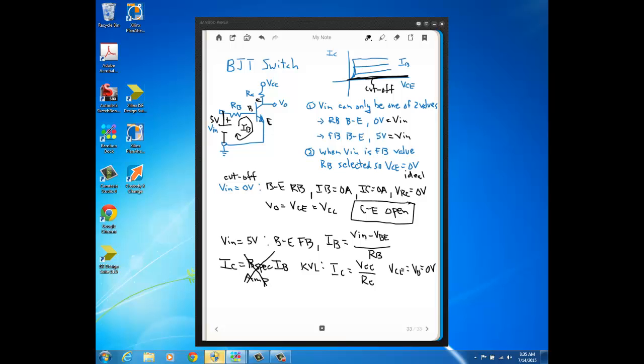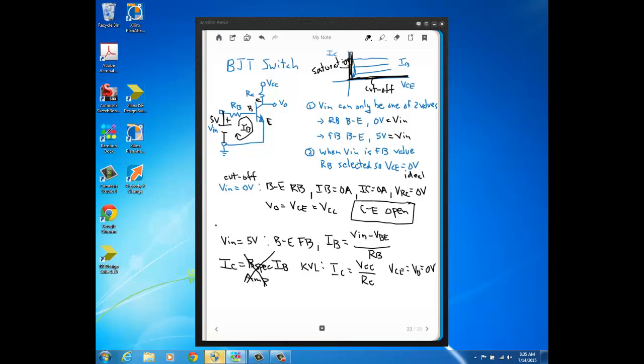Now in actuality, it will be close to 0, maybe a couple tenths of a volt. So really what you have here is you're operating the BJT right in this region along the vertical axis, and that's called the saturation region. Saturation is spelled with an N here. Okay, I'll write it down here.